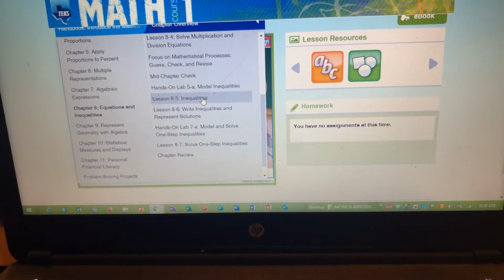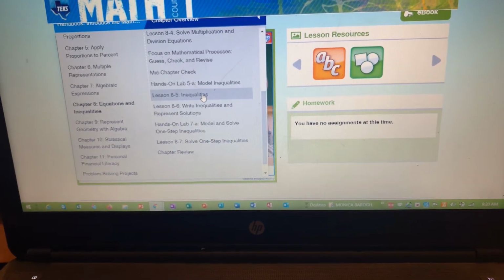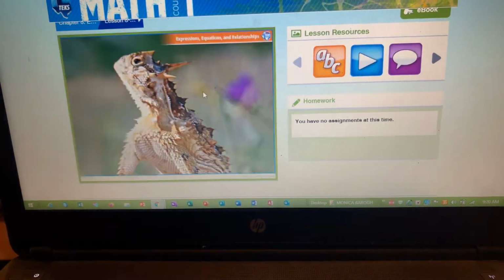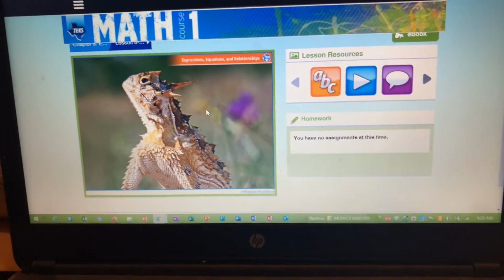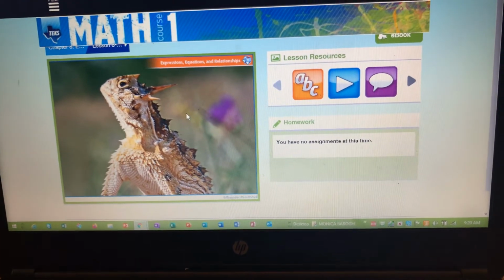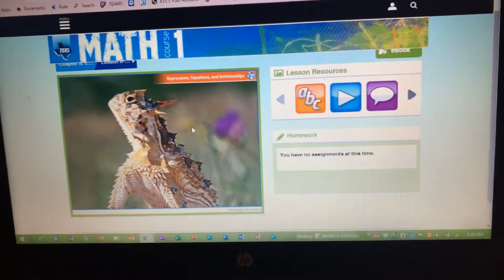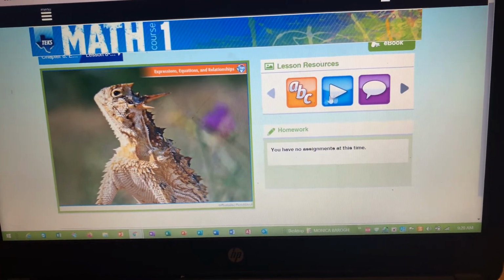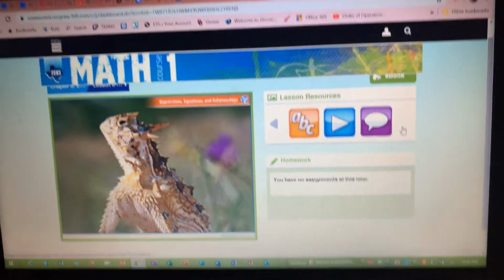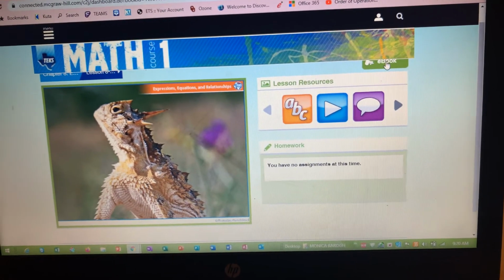Let's just go to this one, 8.5, I believe that is. Okay. So once you're right here, you go over here to these learning resources, right? Actually, let's go up to the eBook. So I clicked on eBook.